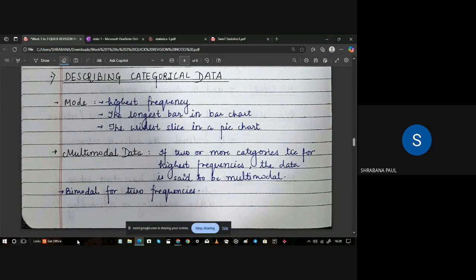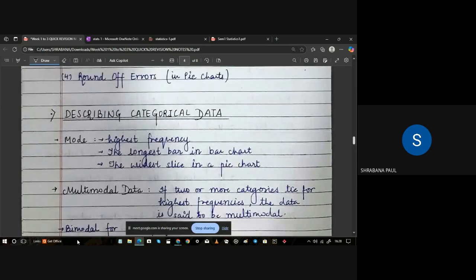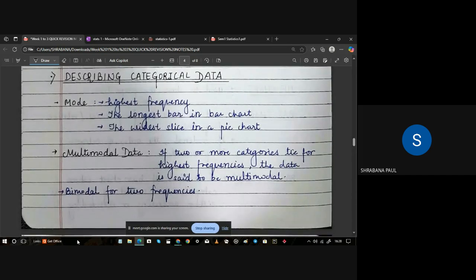Now, categorical data. Categorical data can be differentiated into many parts, like the mode, which is the one that has the highest frequency. If I give you a question like this data, what is the mode of this data? Can anyone say? 6. Yes.